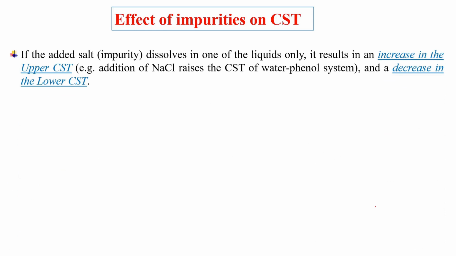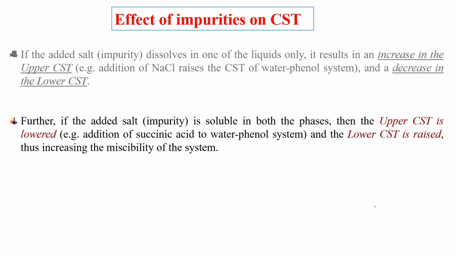If the added salt, that is an impurity, dissolves in only one of the liquids, then it results in an increase in the upper CST and a decrease in the lower CST. Further, if the added salt is soluble in both the phases, then the upper CST is lowered, whereas the lower CST is raised, thus increasing the miscibility of the system.